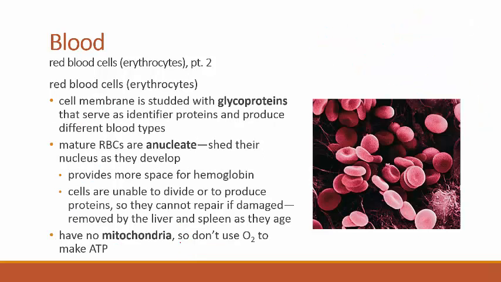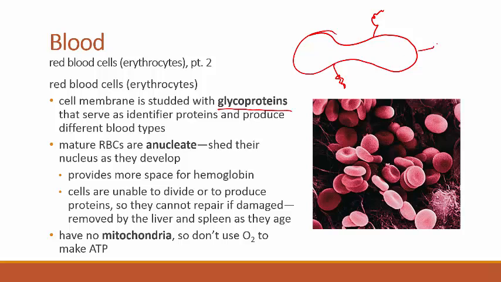Okay, so red blood cells have on their surface, so here we have the surface of a red blood cell, these identifier proteins called glycoproteins. It's a protein plus a sugar. These identifier proteins give us what we refer to as the different blood types.